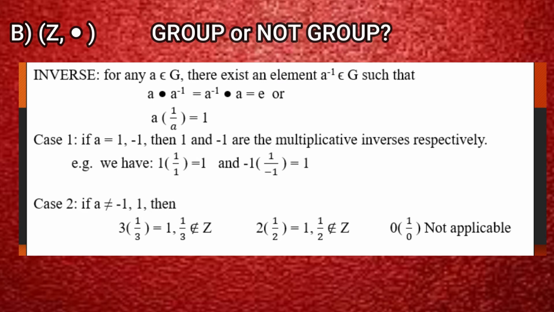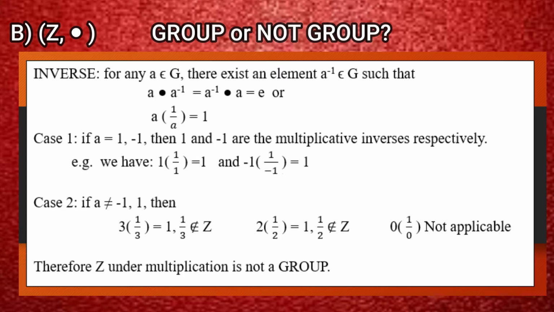Or if you consider 2, then 2 multiplied by 1/2 equals 1, but 1/2 is also not an integer. Or if you apply A is equal to 0, then it is also not applicable. So in this case, only 1 and negative 1 have multiplicative inverses. Therefore, this set does not satisfy the inverse property.